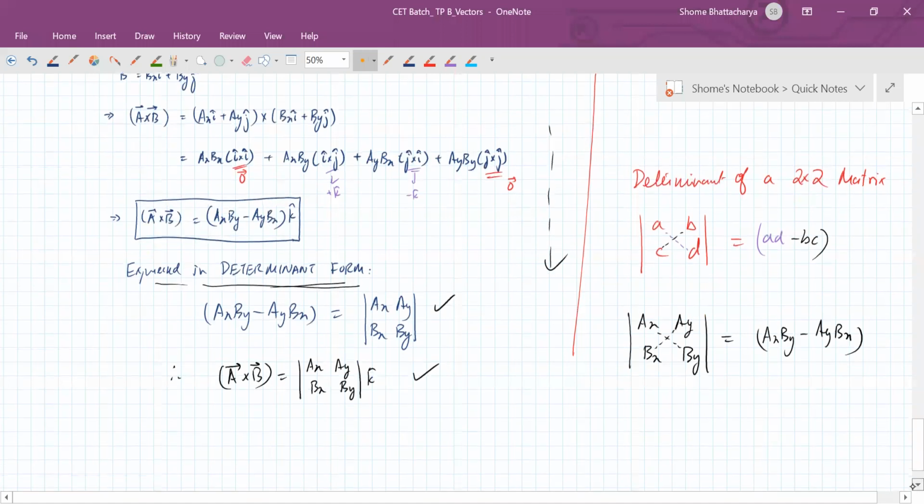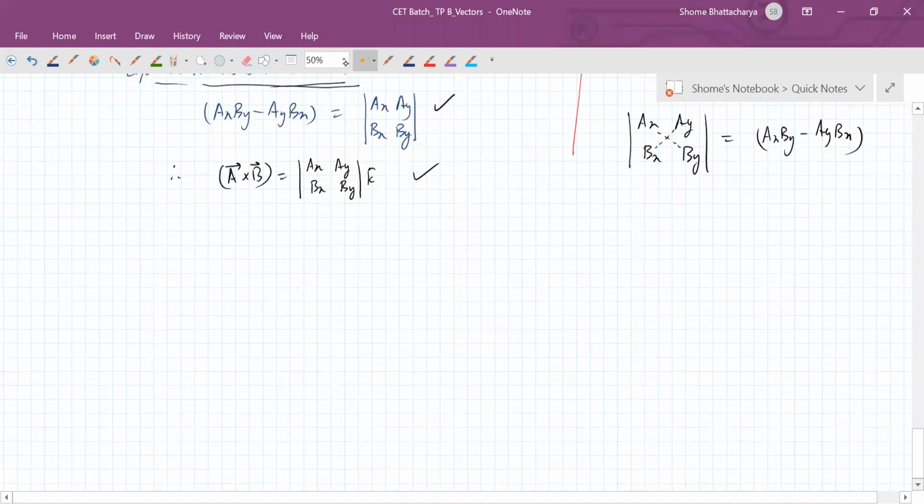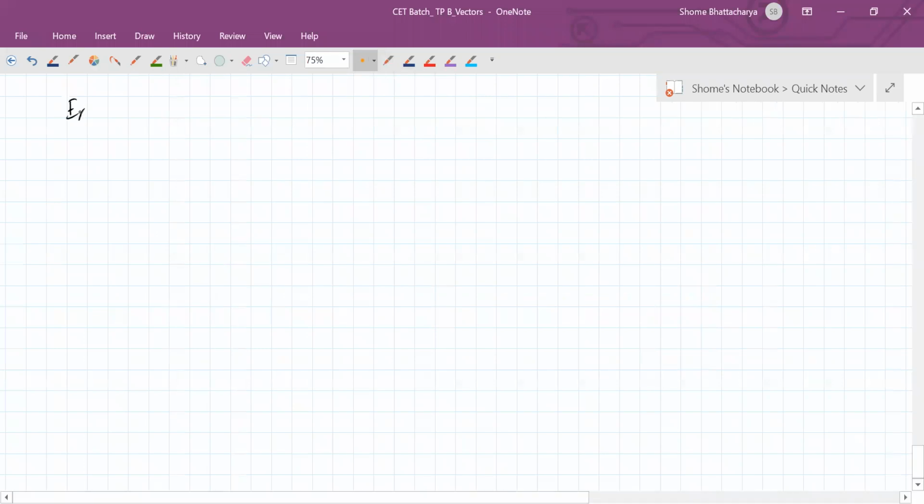Okay, so let's work this out with some examples. So for example, we have vector p. We want to find out p cross q.